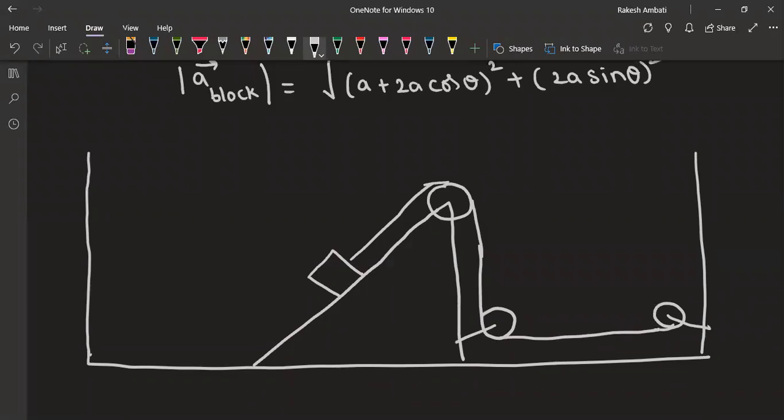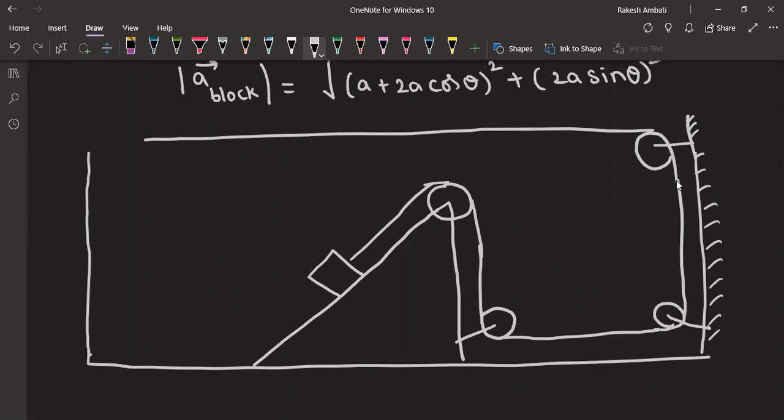So these are the fixed pulleys. Proper figure.